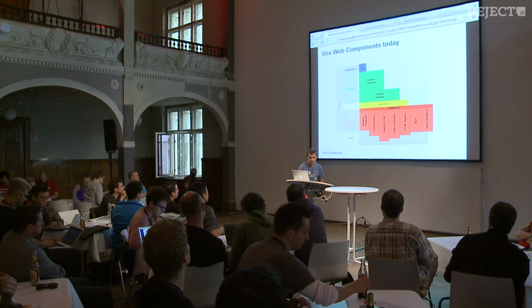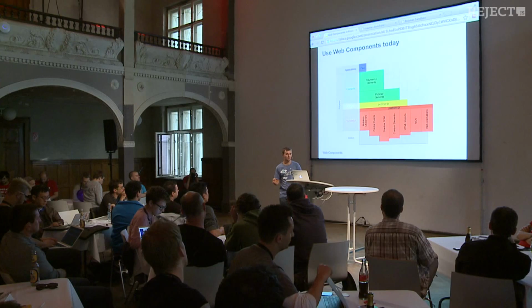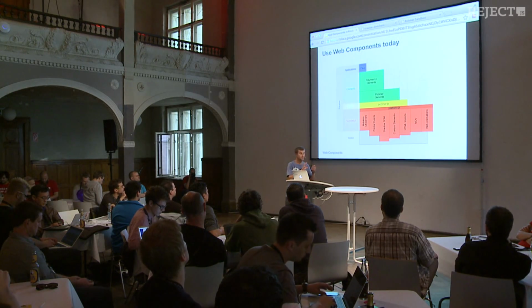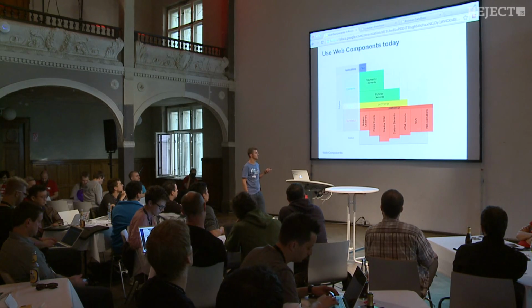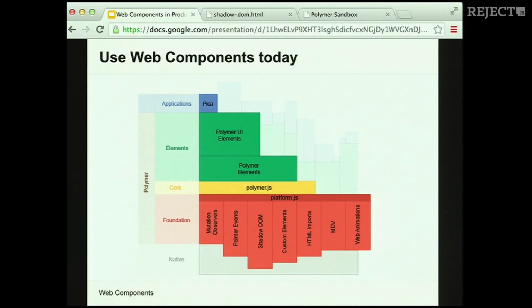And of course, Google and Mozilla are working on the shims. Then Google is putting a lot of effort in Polymer, already providing us with elements. Mozilla is doing the same.